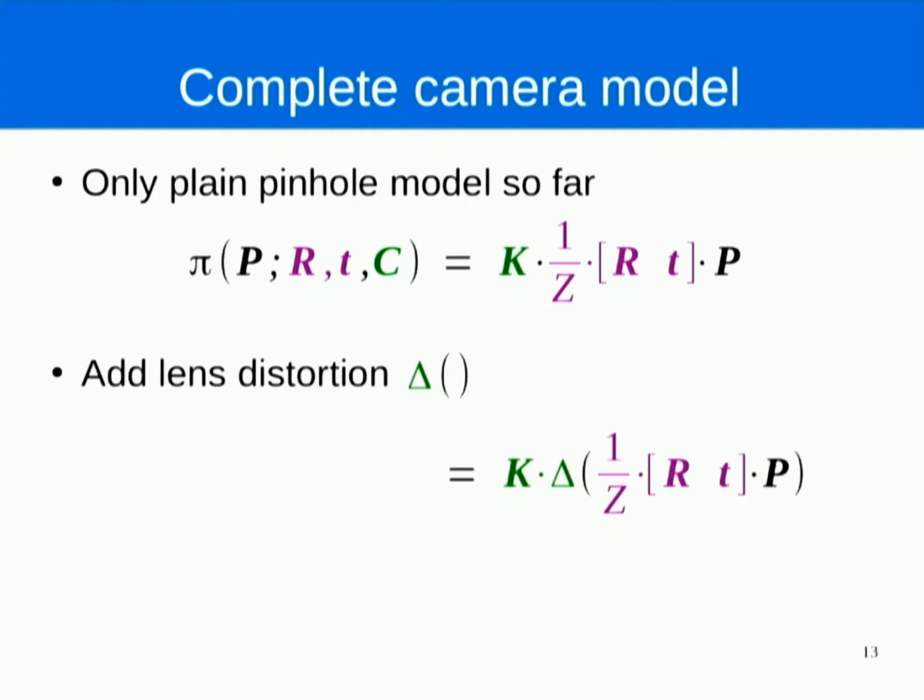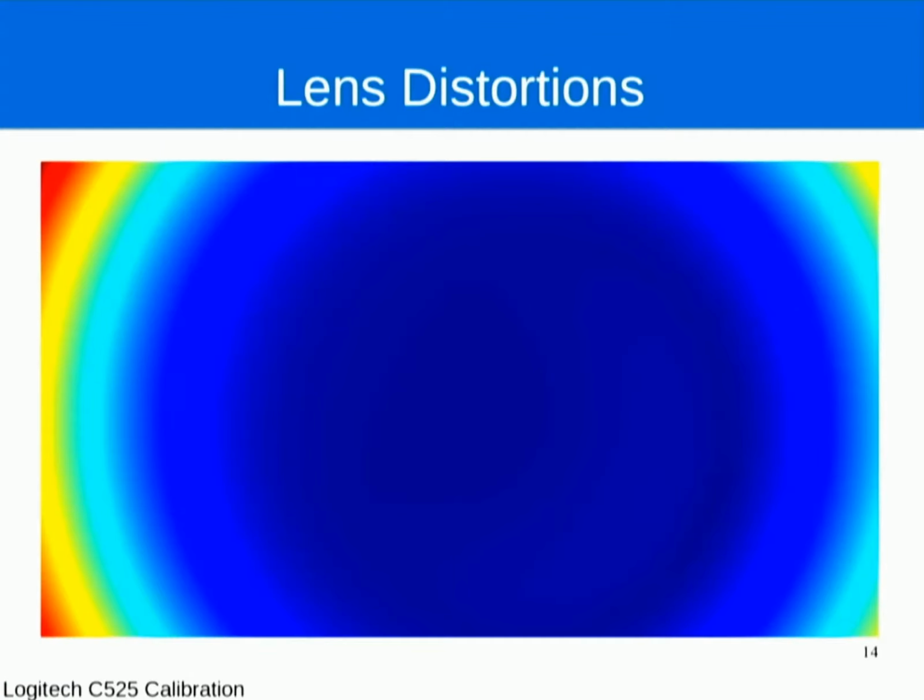Instead of giving you the equation for the distortion function, I just give you the results of the distortion function with some specific parameters. The color coding here is the following: blue means no distortion, so the point is not shifted, and red means maximal distortion, or shifting. As you can see, for a consumer camera, which this is based on, the dominant distortion is radial distortion. Now, with calibration, we are tasked with measuring this function.